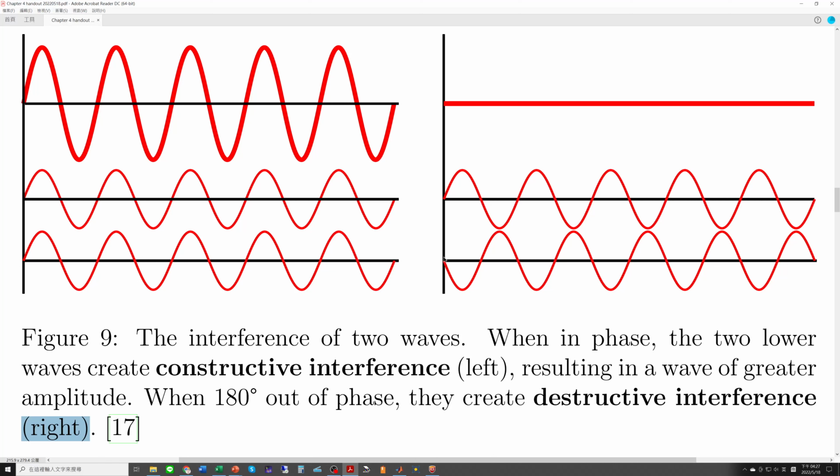And this wave is like the graph of the equation sine of t minus pi, or plus pi. After adding these two waves together, they will cancel, and we will have a wave with amplitude which is always equal to 0.